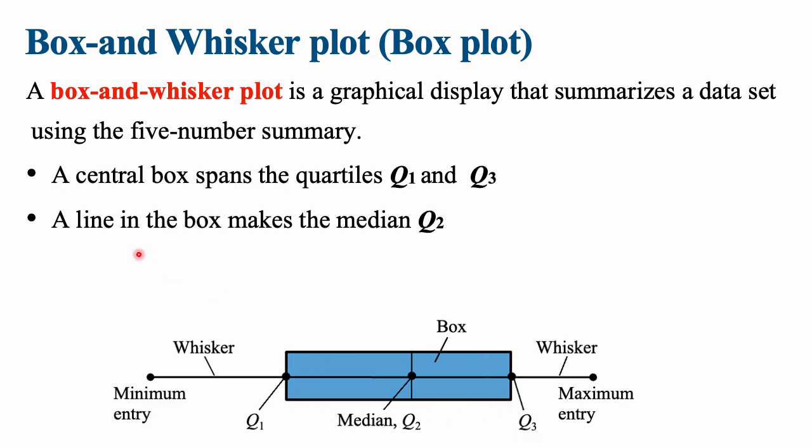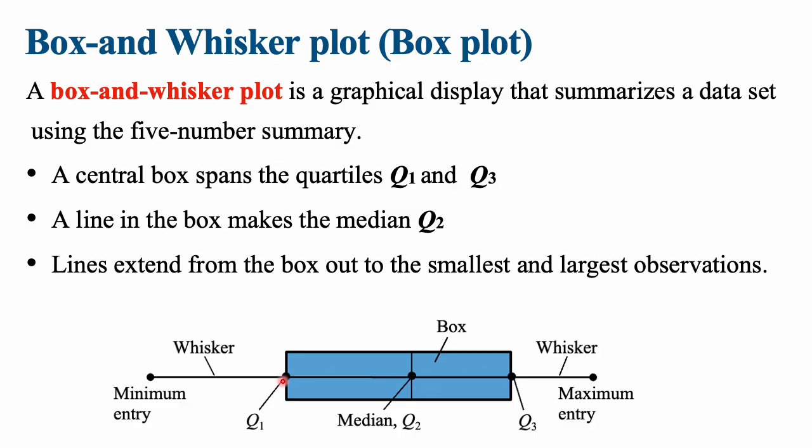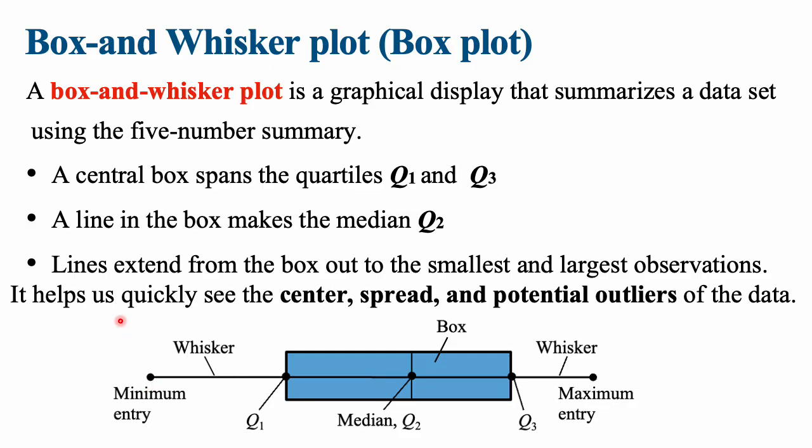Then second, you put the line at the median. That's Q2. That's the box. Then you extend the line from the box out to the minimum and out to the maximum. This box-whisker plot helps us see where the center is, how spread out the data is, and potential outliers.